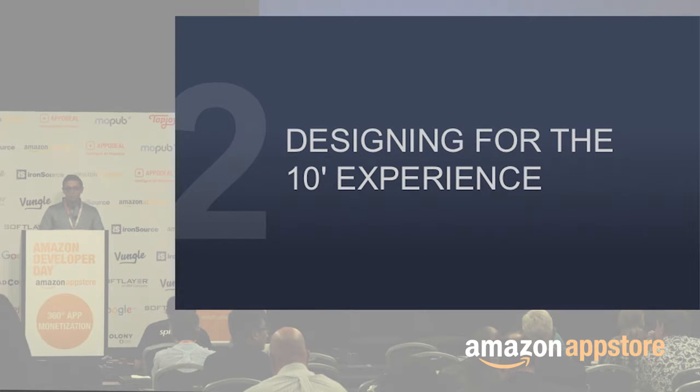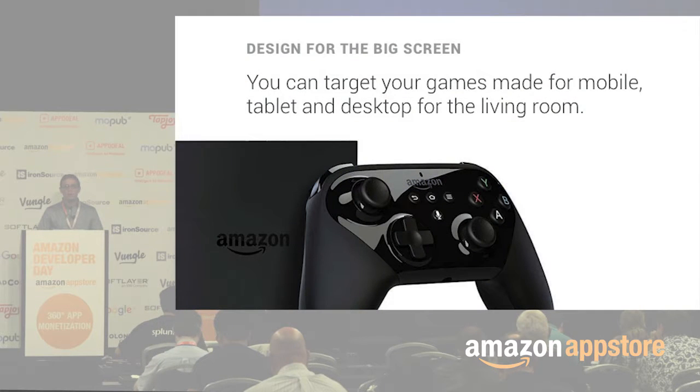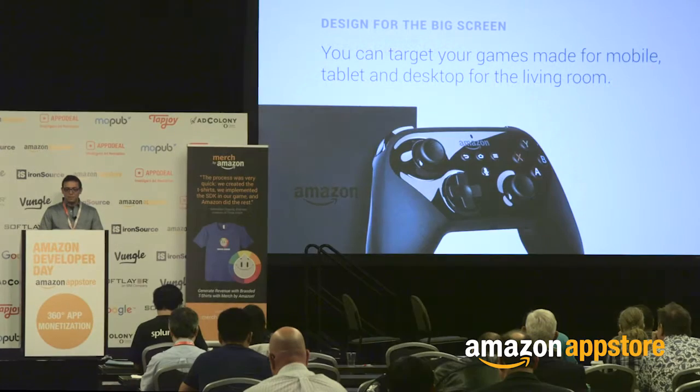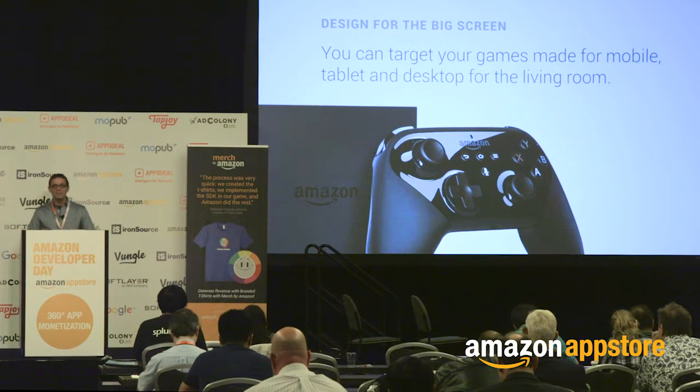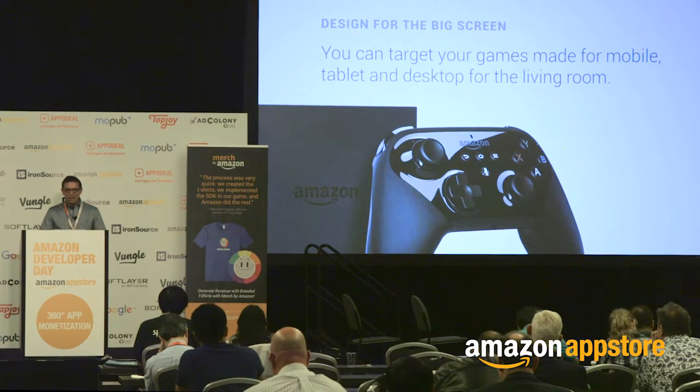Now, if you want to maximize your chance for success, there are a few best practices that will definitely help you make the greatest impact. Mostly, they just come down to making smart design choices, especially with respect to the big screen. The biggest screen, actually, the one in the middle of the house, right, as I mentioned. And you may be of two minds here. You may be thinking, well, I really don't want to have to redesign my whole app to run on this different platform, and it sounds like I might have to.